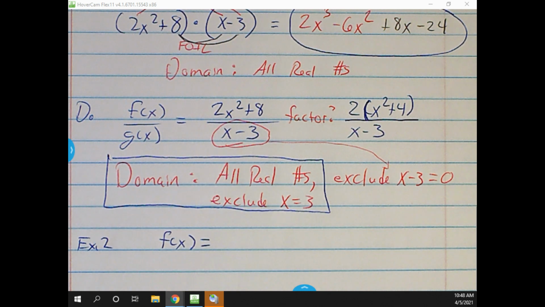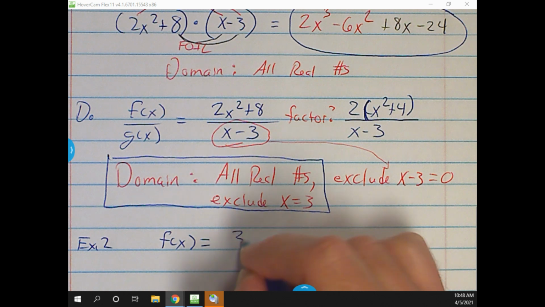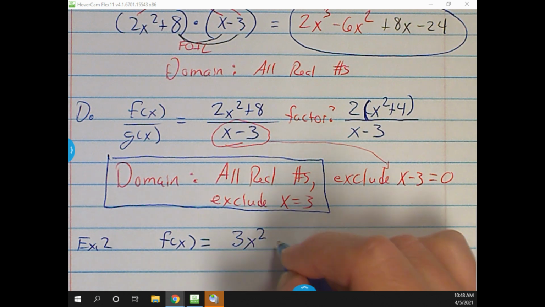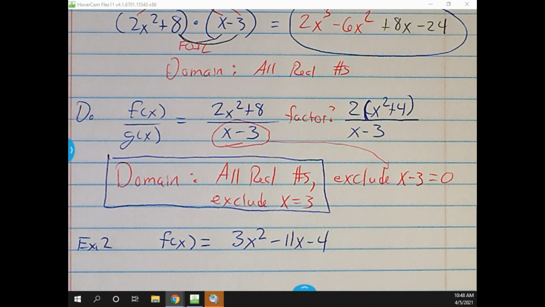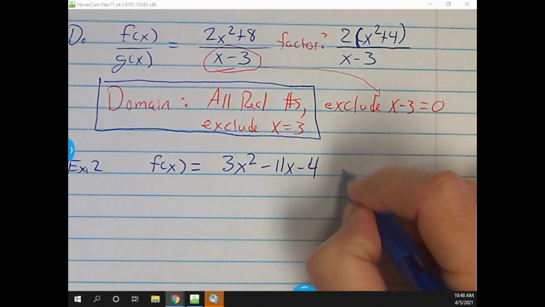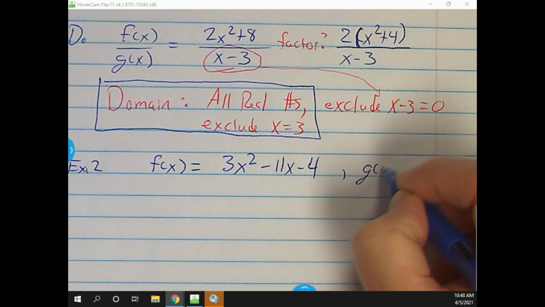All right, so let's say the f of x is 3x squared minus 11x minus 4. And let's go with g of x.